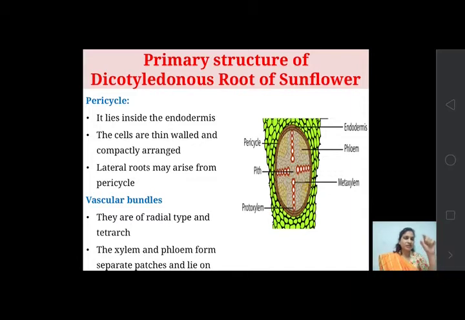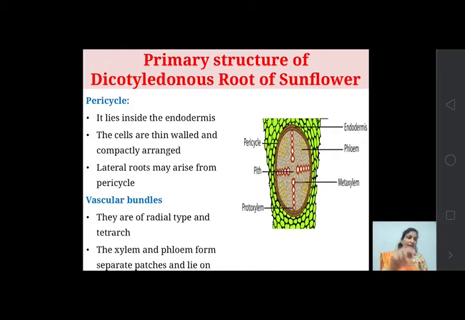They are not present on the same radius; the xylem is on one radius, and the phloem is present on another radius. They are separate. So this type of arrangement is known as the radial arrangement and the radial vascular bundles.